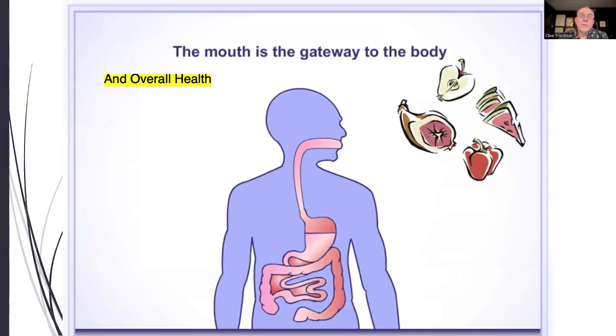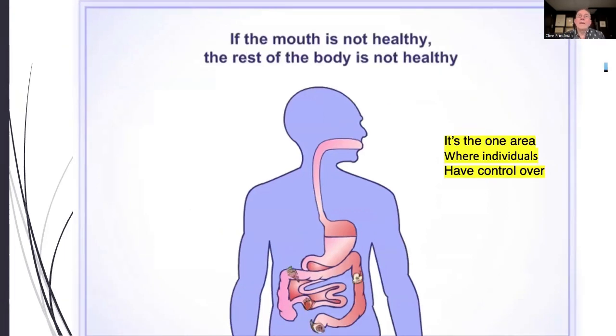I will get onto the bandwagon here from a dental perspective and try to reinforce the concept that, truthfully, the mouth is the gateway to the body and therefore overall health. I really would encourage all individuals not to forget about looking at the mouth when we are evaluating them.